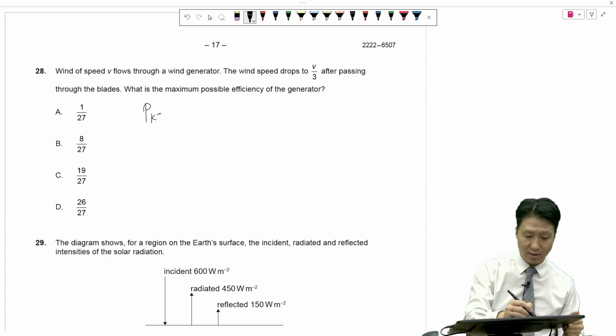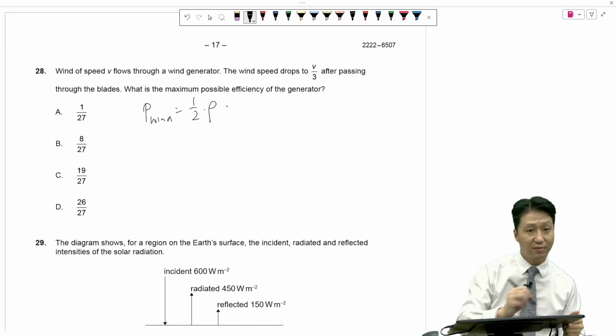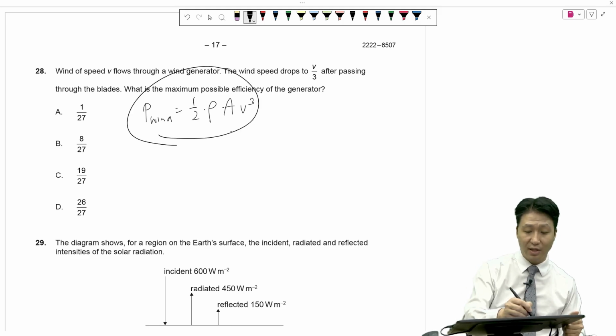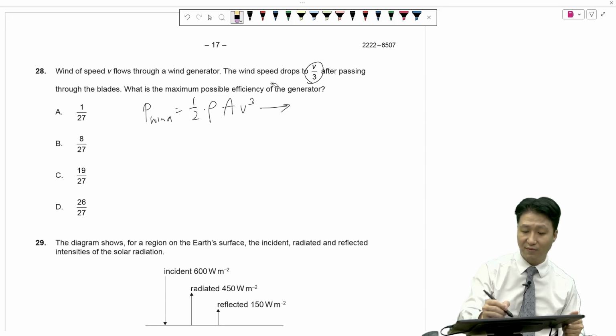So, the maximum theoretical kinetic energy, or power, of the wind is 1/2 times the density of the air times the cross-sectional area times the velocity to the third power. And this is the initial. Recall that after passing, it's 1/3 the velocity.